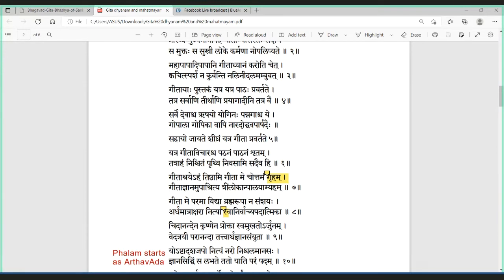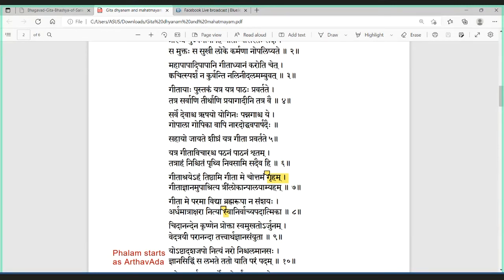Tatra, there. Wherever there is a book or wherever there is a parayanam going on, there, sarvani tirthani, the phal of all the tirath places. All tirath places are there only where there is a book and where there is a parayanam going. All tirthas are right here.